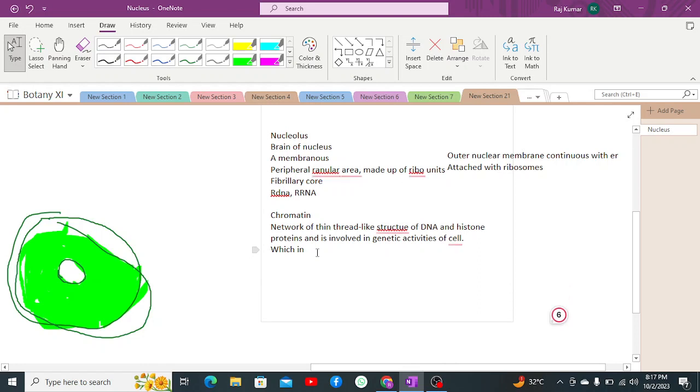And this chromatin network basically condenses.